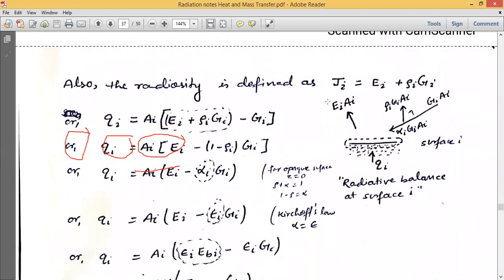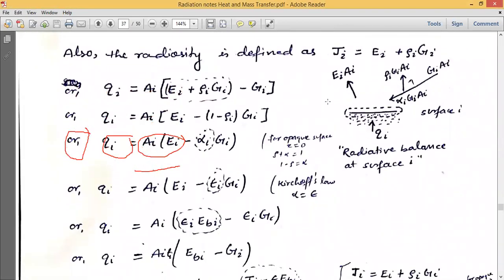Ji is nothing but the radiosity, which is the summation of emissive power and the reflected part of the irradiation.